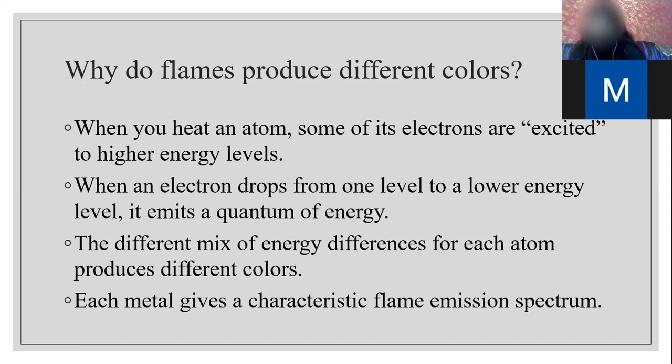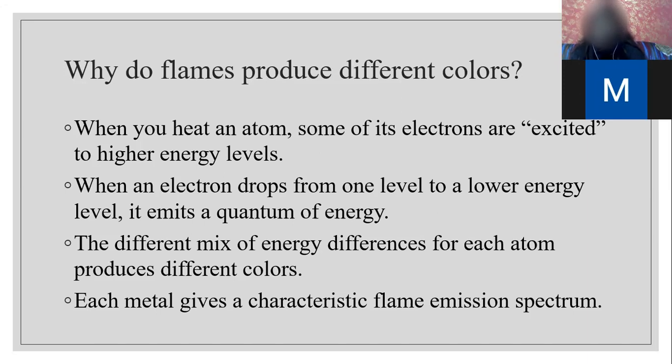But when an electron jumps from a higher level to a lower level, it emits energy in the form of light, which we can call a quantum of energy. It releases energy in the form of light. The different mix of energy differences for each atom produces different light.